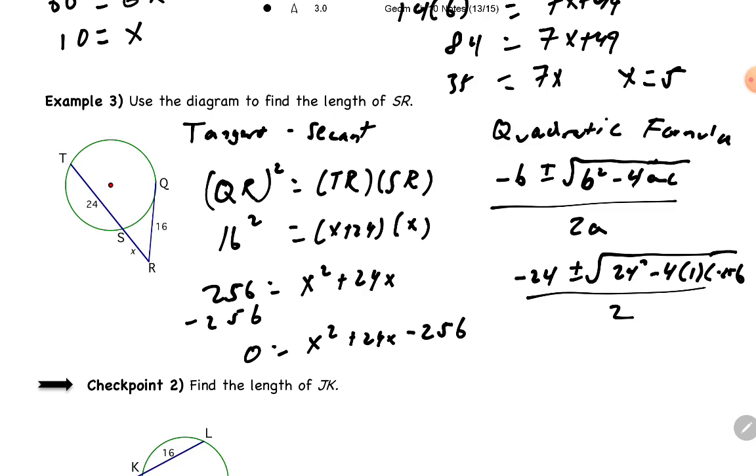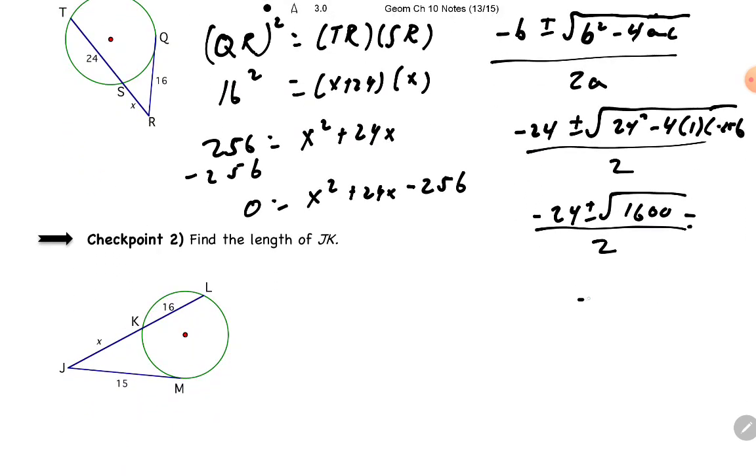So let's see what this looks like. 24 squared minus 4 times negative 256. Okay. So we'll get negative 24 plus or minus the square root of 1600 all over 2. Square root of 1600 should be 40.